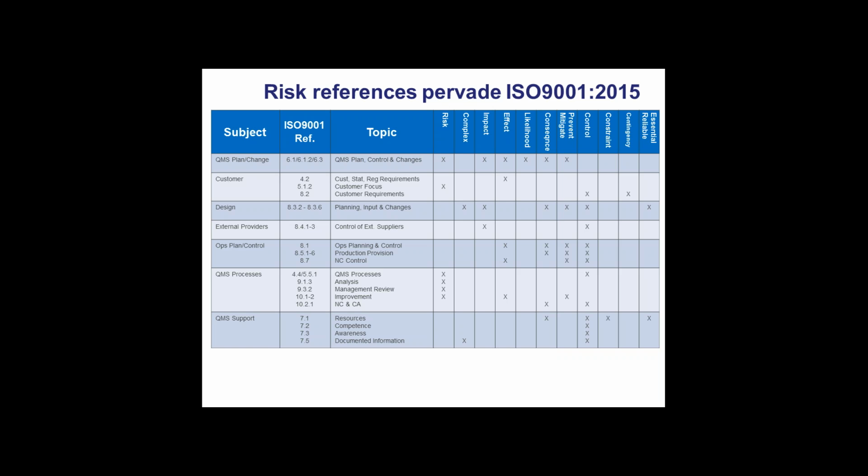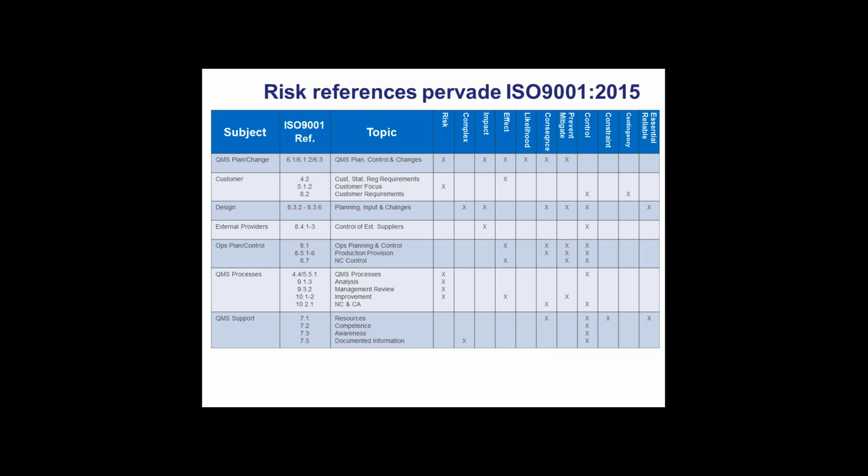So we have the various management system topics and the related clause reference. But what I really want to draw your attention to in that top row on the right hand side is the terminology or the vocabulary that pops up throughout the standard. And these are all terms related to risk.